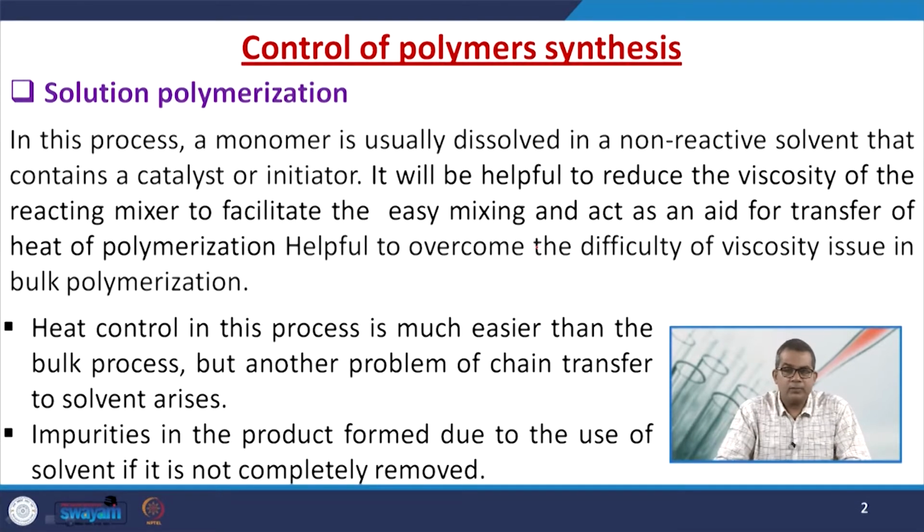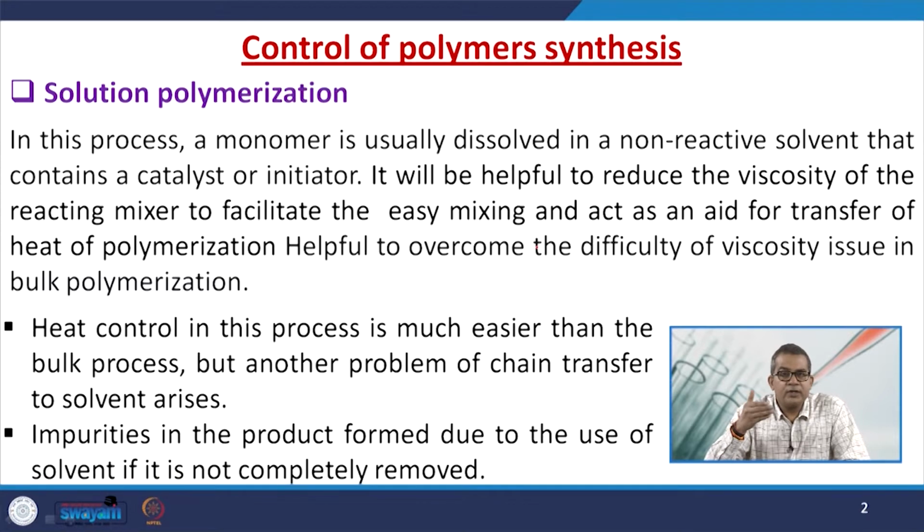If you recall, for the bulk polymerization we discussed two things: one is the problem of viscosity and the second was the problem of exothermicity. So, this solution polymerization offers some solution to those particular difficulties.